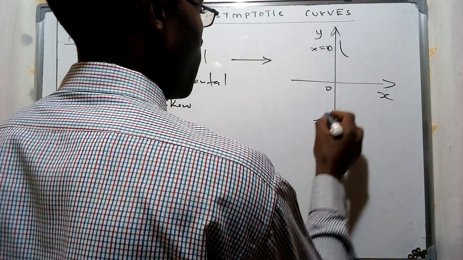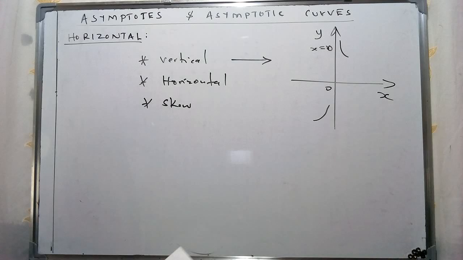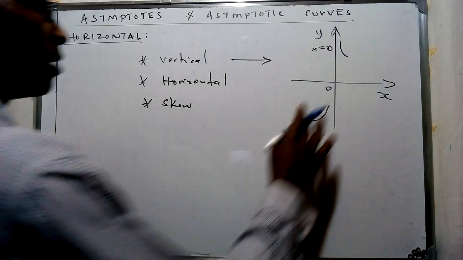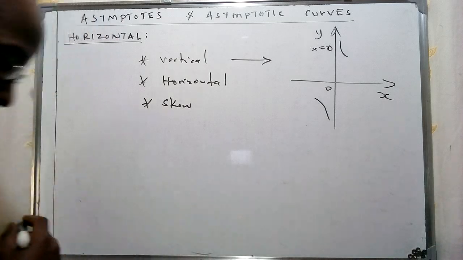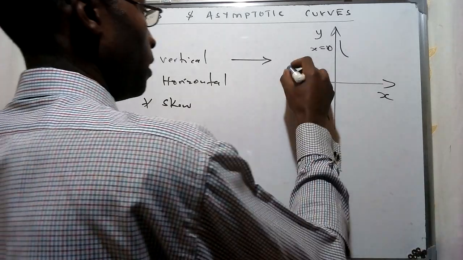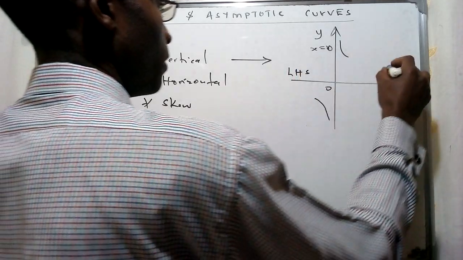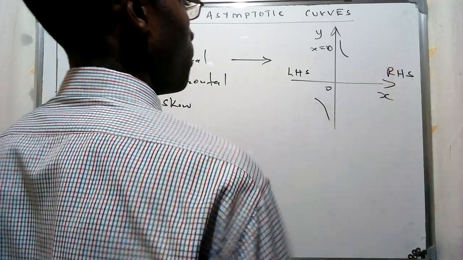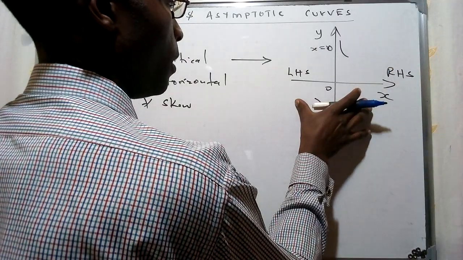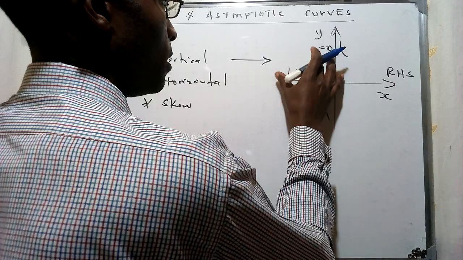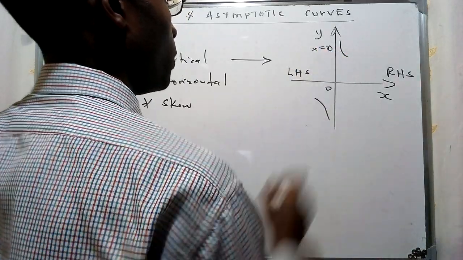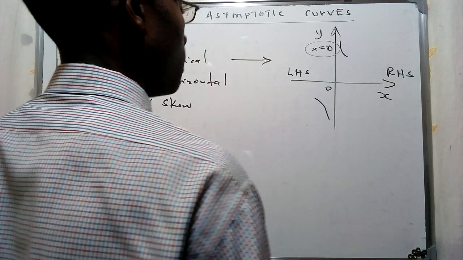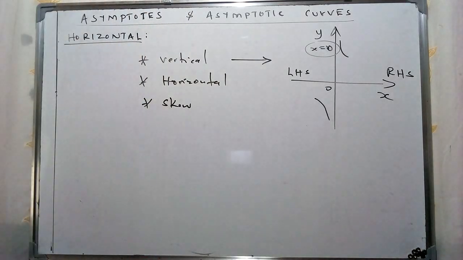We can as well have another curve approaching this function from the other side. If we consider this to be the left-hand side and the right-hand side of the y axis, we're going to see that these graphs are not going to be touching this point, and therefore this is going to be a vertical asymptote of this representation.